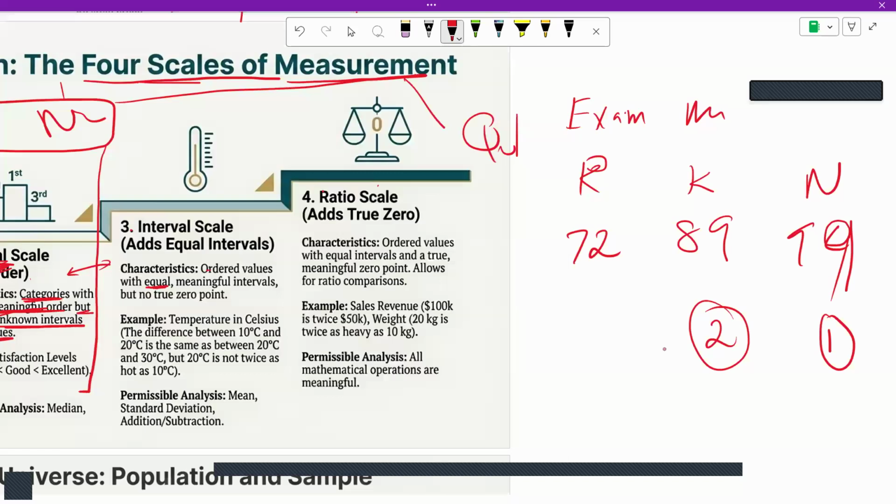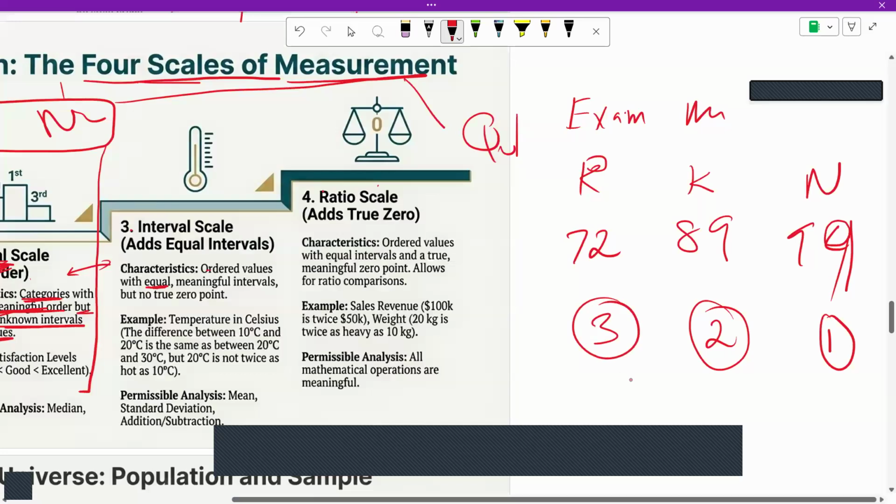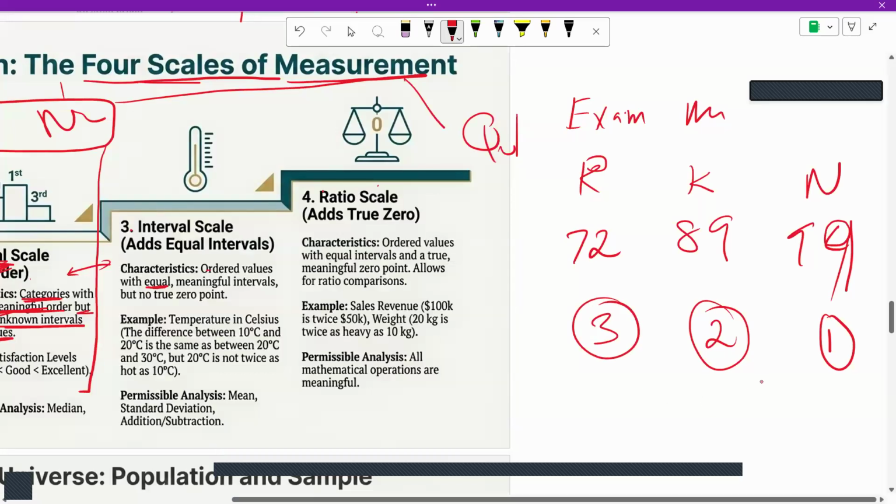Only one or two students are active, right? Ravi, rank three. But here we can put rank.